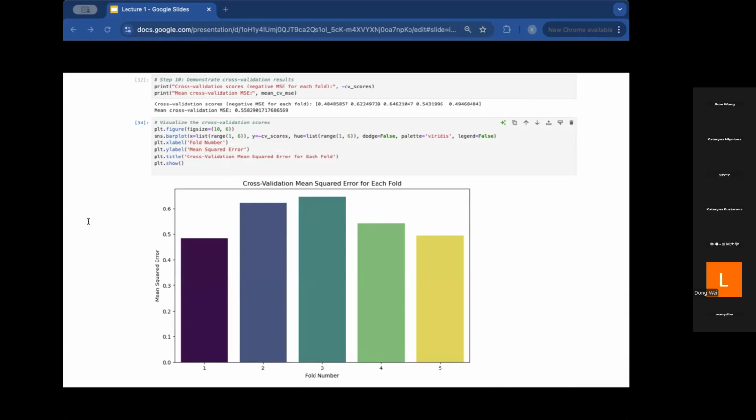As you can see, the average mean squared error across the folds was 0.56, and the bar plot visualization showed the MSE for each fold, giving us an insight into the variability of the model's performance across different splits of the data.